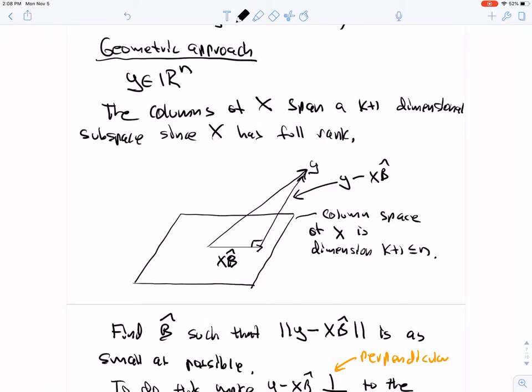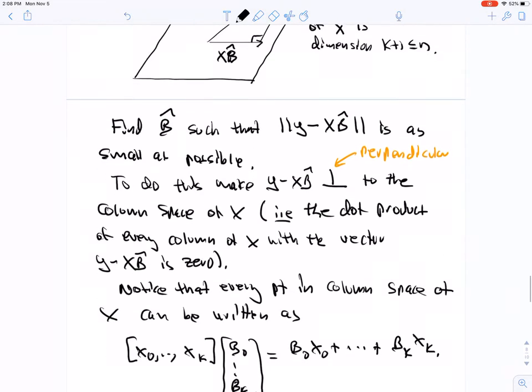The Euclidean norm of the residual is the norm of y minus X beta hat, and that is exactly going to be the orthogonal projection of y onto the column space. So we're looking for X beta hat that will minimize this distance.